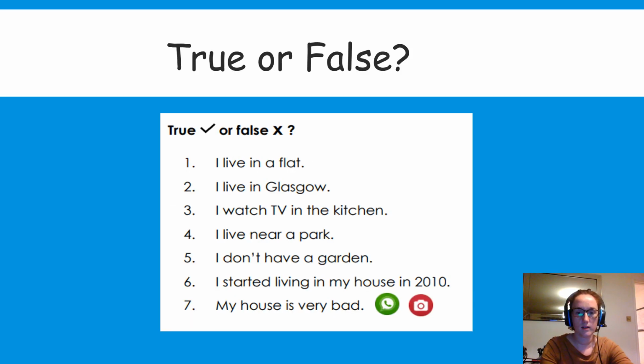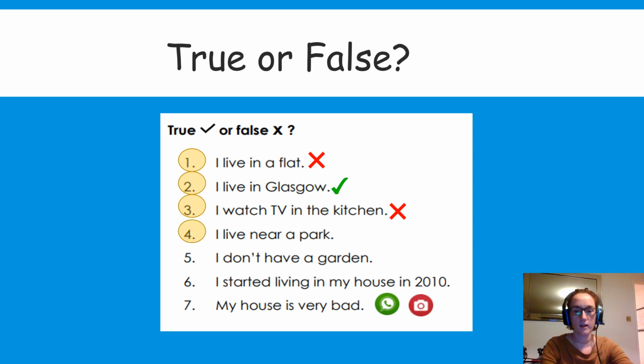Now let's look at the answers together. Number 1, I live in a flat, is false. Number 2, I live in Glasgow, true. Number 3, I watch TV in the kitchen, false.